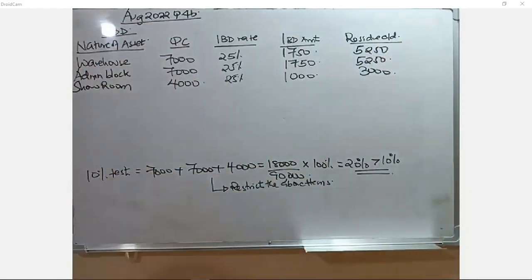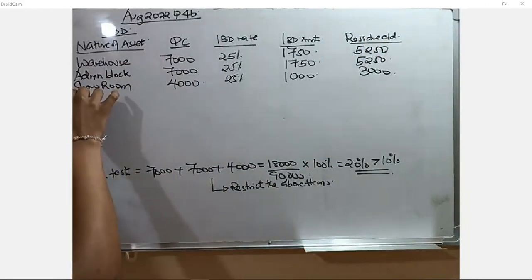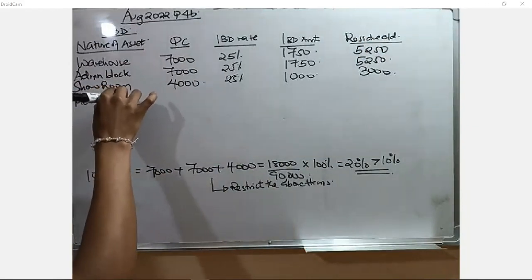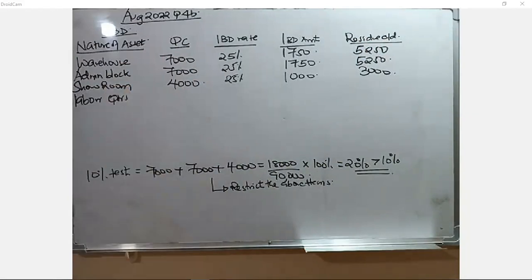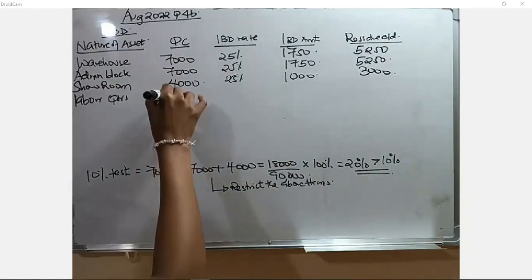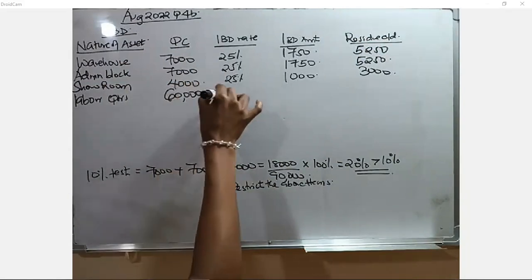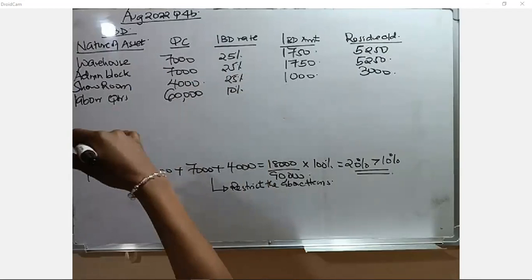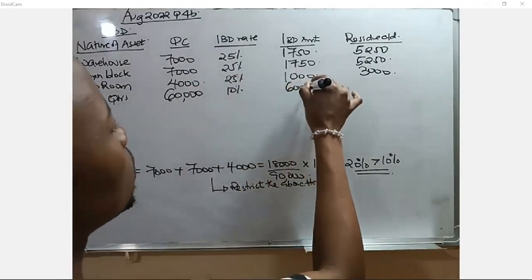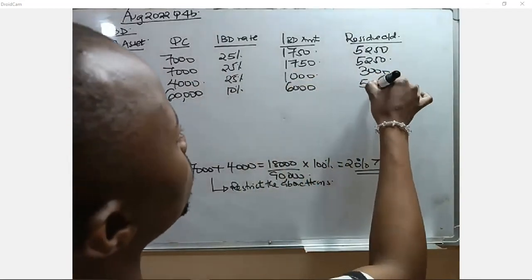Now we look at the other asset which qualifies here, and I could see that we have labor quotas somewhere in note number 1. Labor quotas in this case, they were how much? 60,000. 10%, 6,000. I think here is 54.